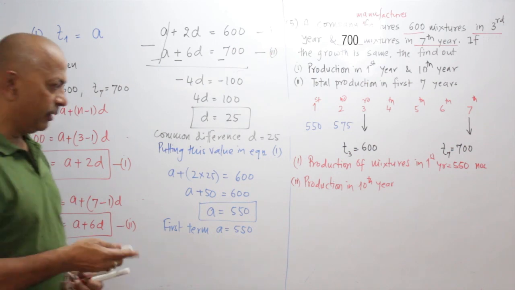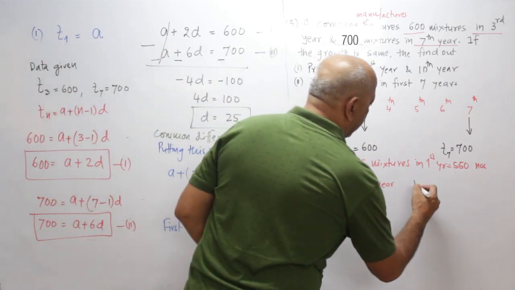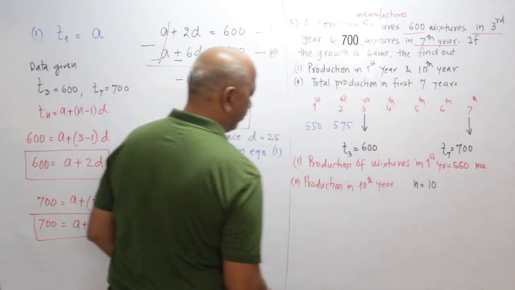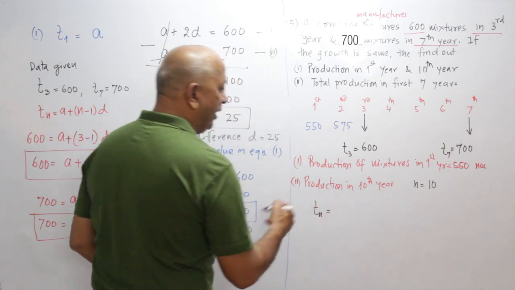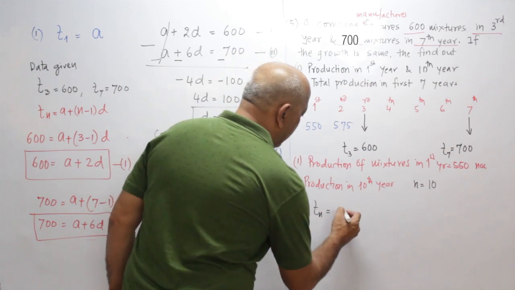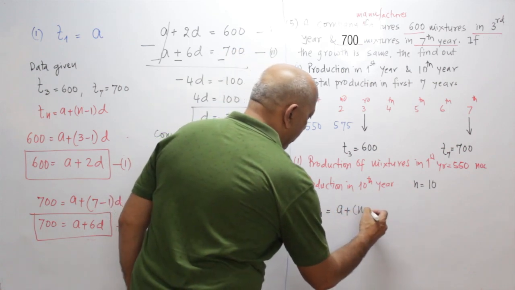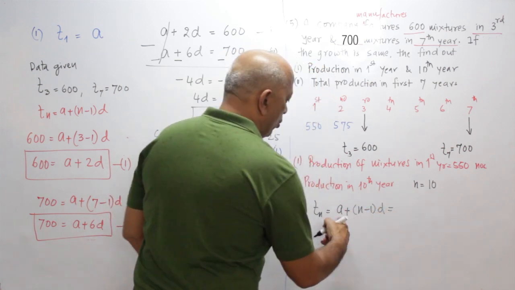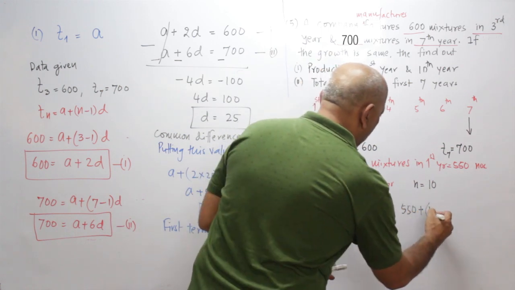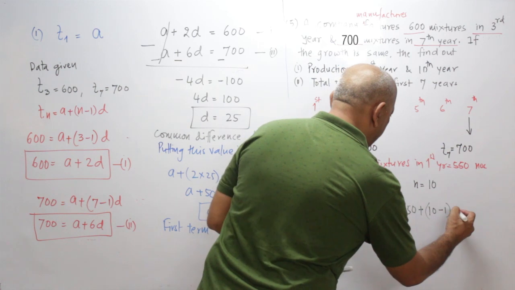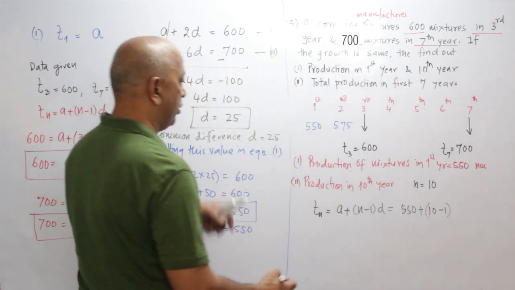So here n is equal to 10. We have to find the production, that means we have to find the term Tn, and Tn is equal to A plus (n minus 1)d. A I know is 550, plus n is equal to 10 minus 1, and d, the common difference, is 25.